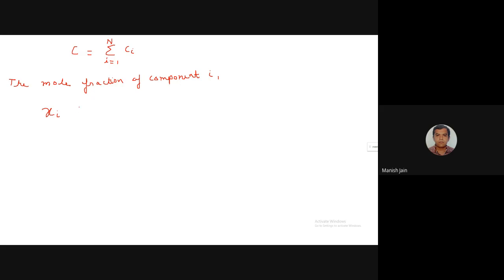So Xi equal to Ci divided by C, or Ci divided by C1 plus C2 plus C3 up to Cn, or Ci divided by summation of Ci, i equal to 1 to n.